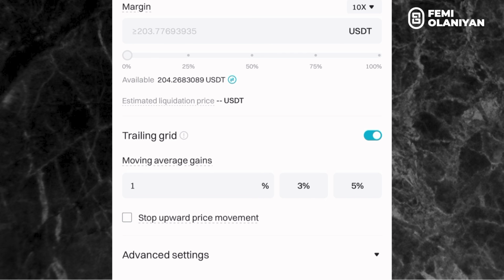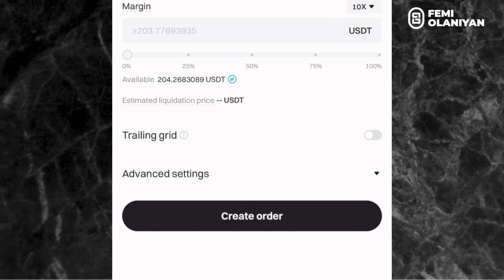This means that once this trading bot starts taking the first trade, every time the price of BTC moves up by 1%, my price range will also move by 1%. So the essence of this is that when the price of BTC moves up above $62,000, instead of the trading bot stopping trading, it will also adjust itself to meet that price so that it can continue to take trades for you. But for me, I won't advise it, so I'll just turn it off.